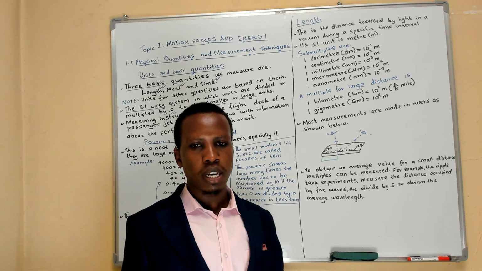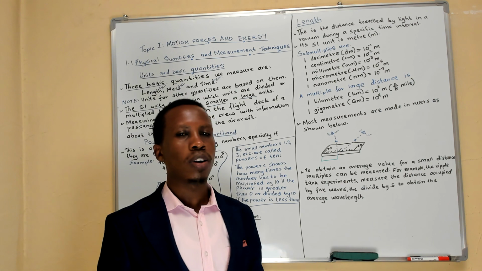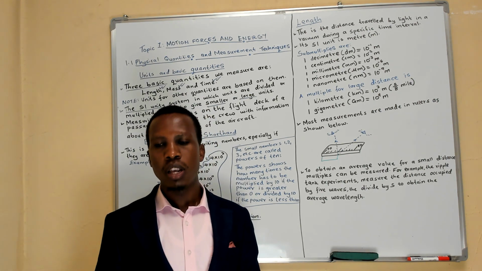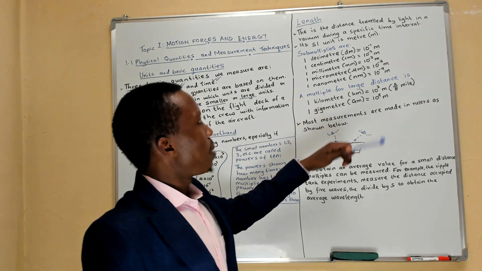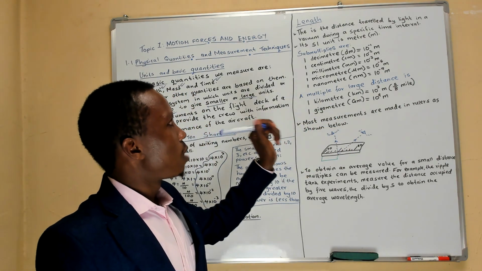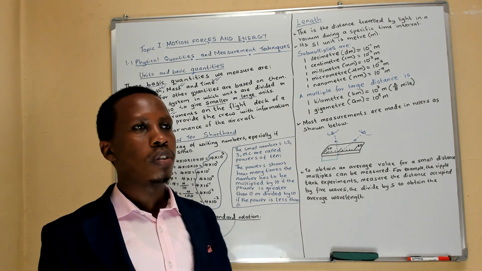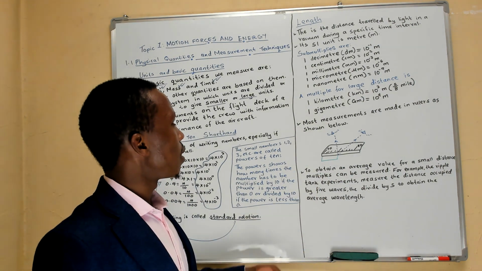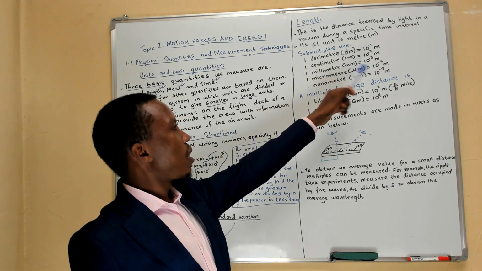So if you move from point A to point B, you're covering a length, or rather, length is the distance between 2 points. And here we are telling you that this is a distance traveled by light in a vacuum during a specific time interval. That's the scientific definition of length.